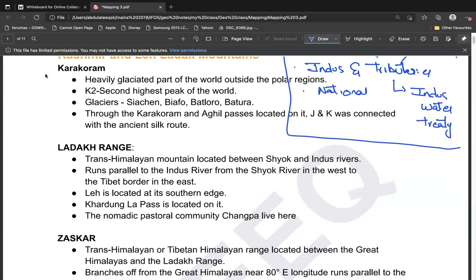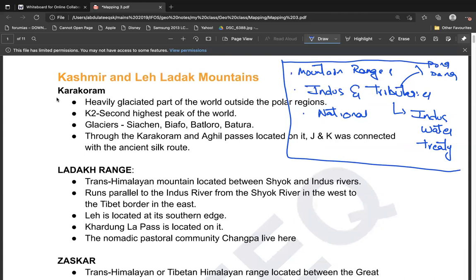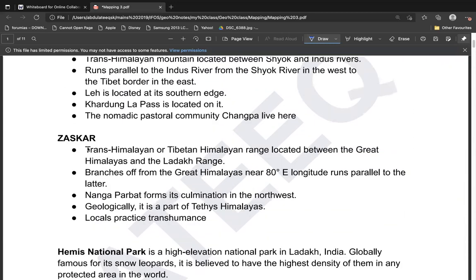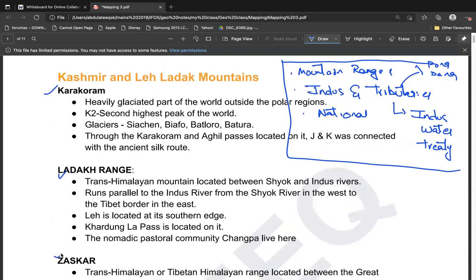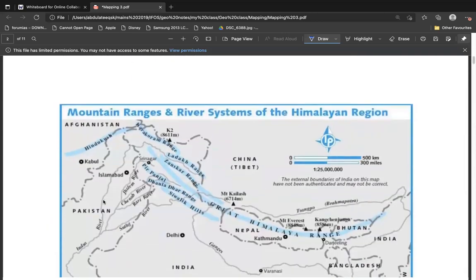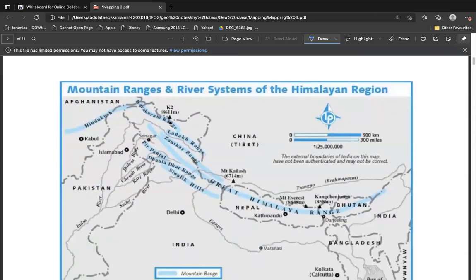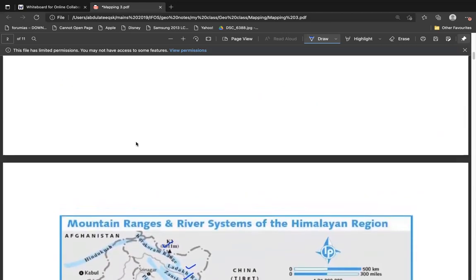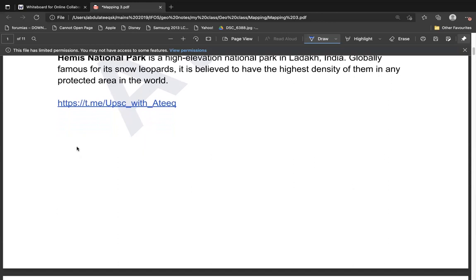Chalo, let's start. Before starting, I'm giving you a brief idea about these mountain ranges: Karakoram, Ladakh, and Zaskar ranges. This is what we are going to discuss. But before that, what are these ranges? Can you see, guys, here, Karakoram, Ladakh, Zaskar ranges? Do not get confused between these mountains and the Himalayan mountain ranges.